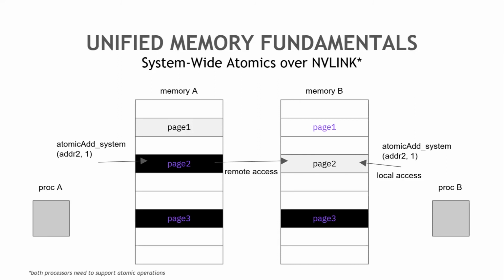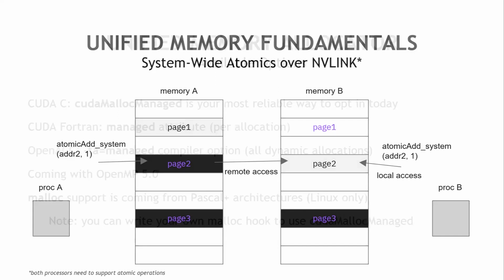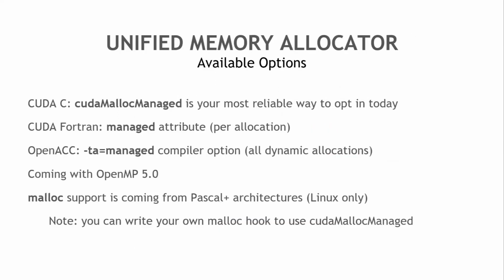So the important part is to be sure that you don't do too many operations on the data that has been moved to the other side. So that's something important to recall.